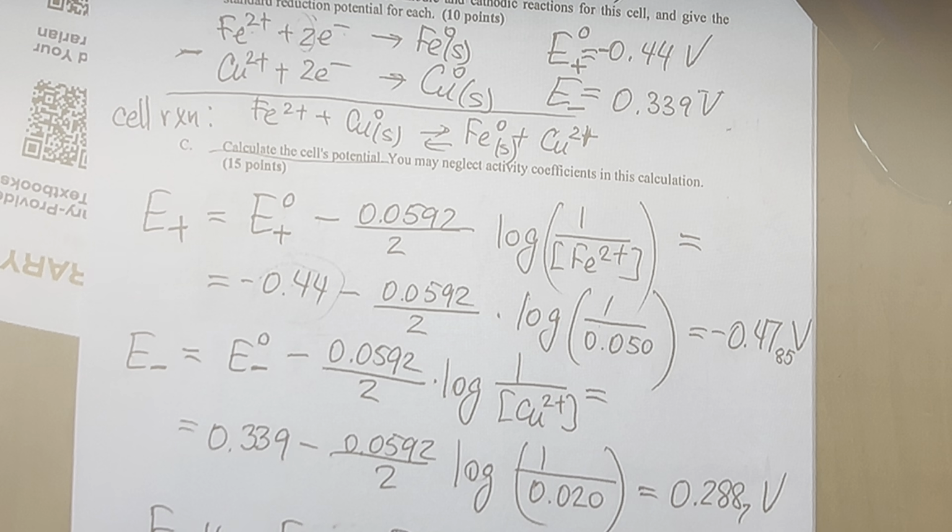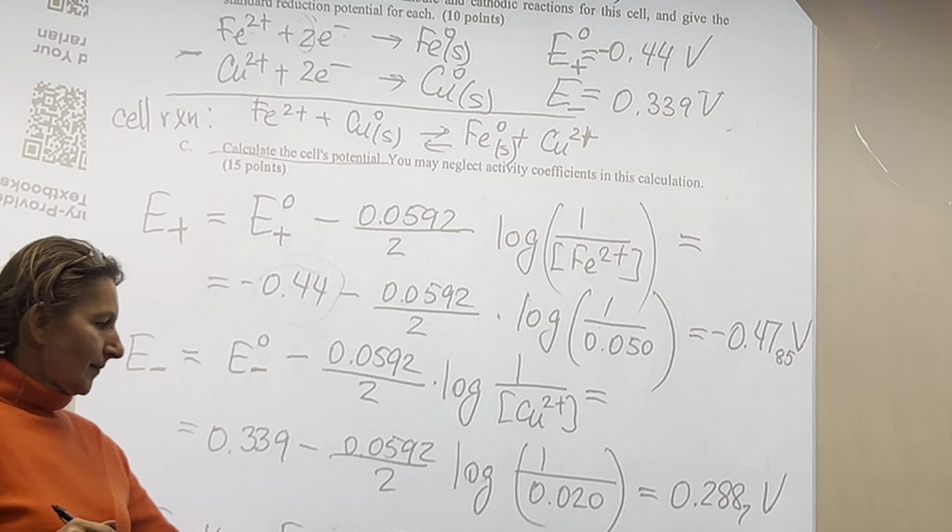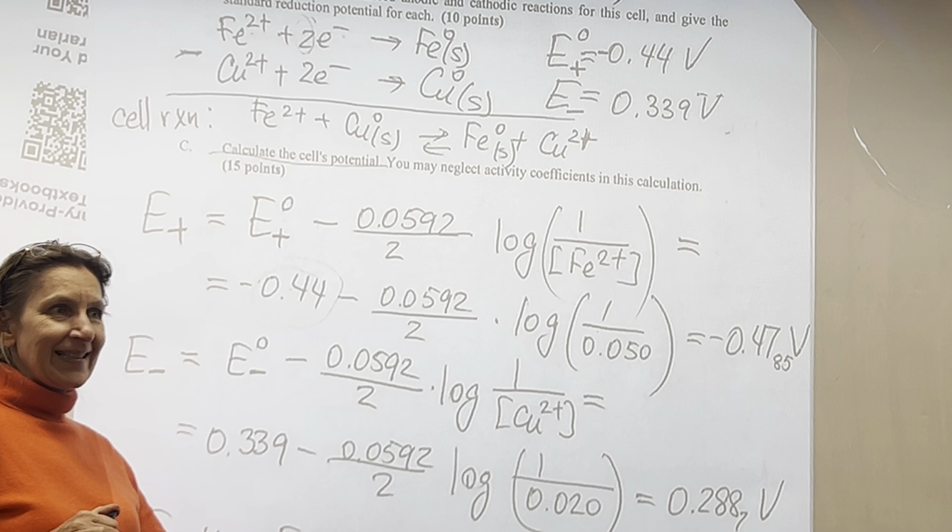I did not ask here, but I could. What kind of reaction or cell is this? Is it electrolytic cell? Is it voltaic cell? Is it spontaneous reaction? Is it non-spontaneous reaction? What would you say? It's voltaic cell and it's spontaneous. Is it spontaneous?